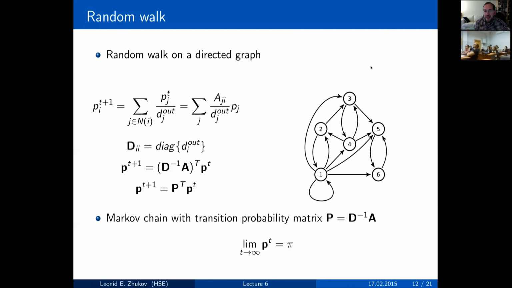Here I do not add the virtual links. Let's say our graph is already nicely connected, and if you look at this, it is a strongly connected graph. You can get from any node to any node on this graph, or you can also think that, yeah, well, we added these virtual edges here.